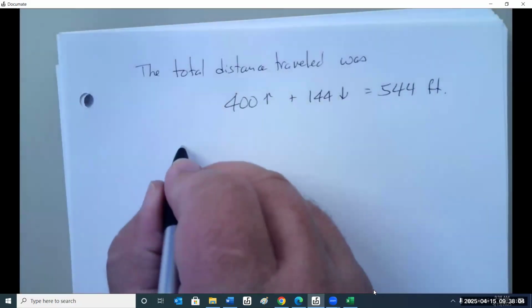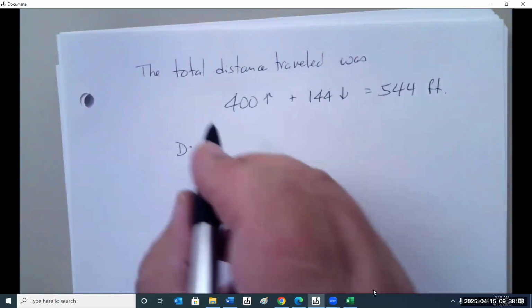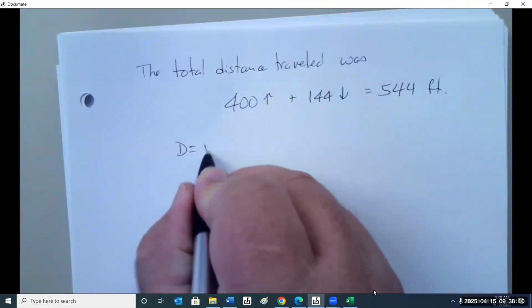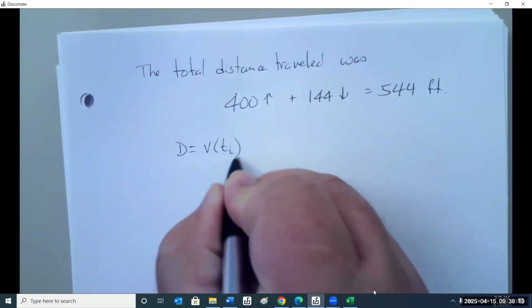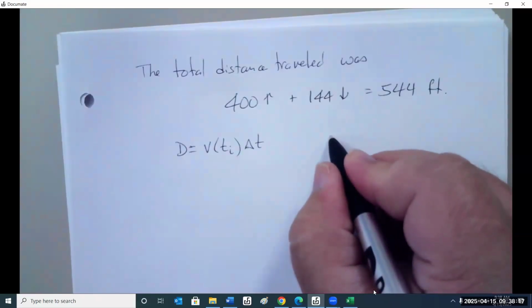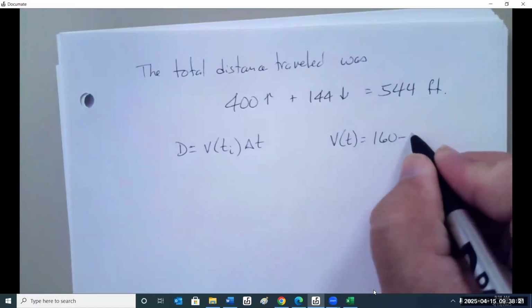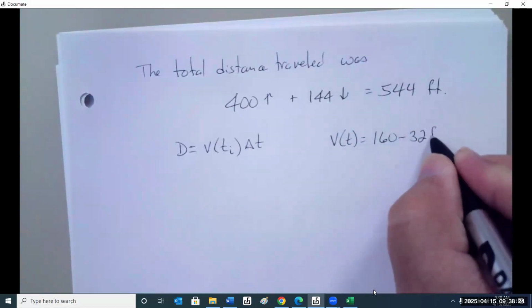We could have used the distance, because remember, it all happened in certain time periods. So the distance was velocity times delta t, and the velocity formula was 160 minus 32t feet per second.